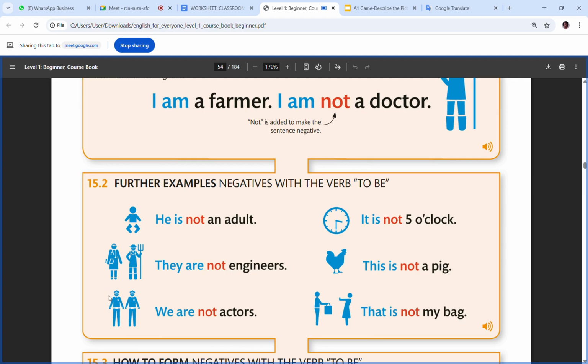It's like a police uniform. Yes. They have the hat, and the blue uniform, the clothes that the police wear, right? So then it says here, we are not actors, right?